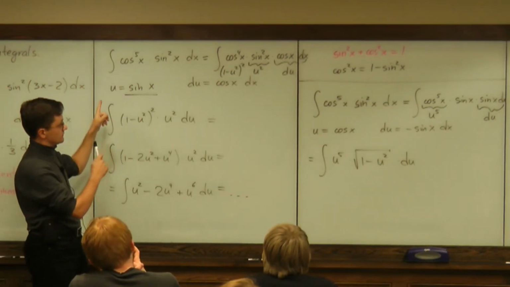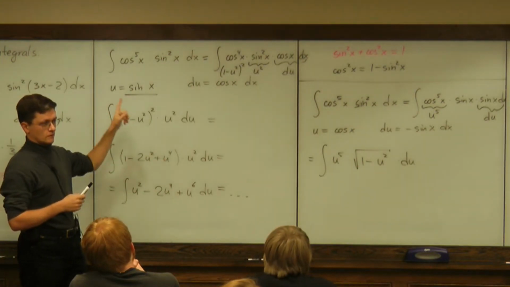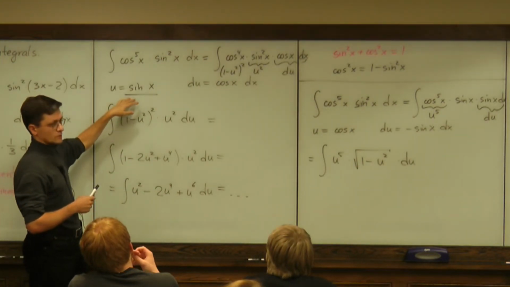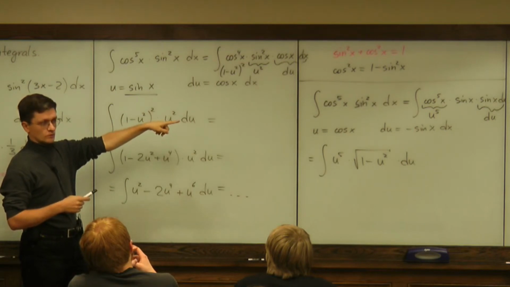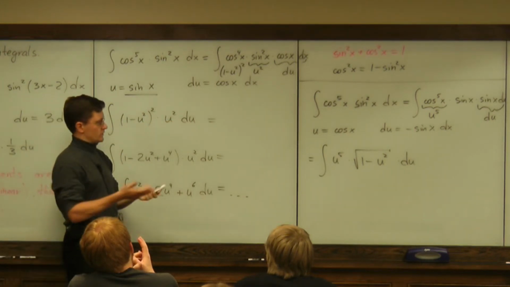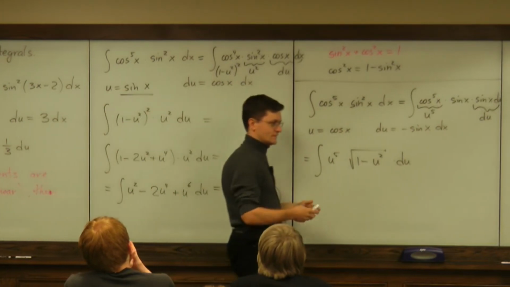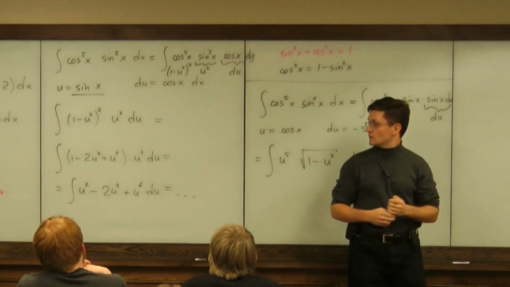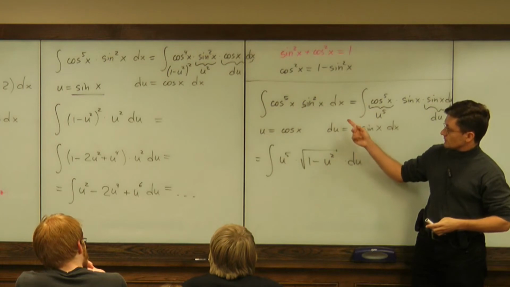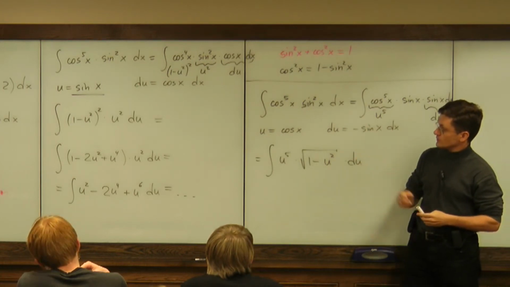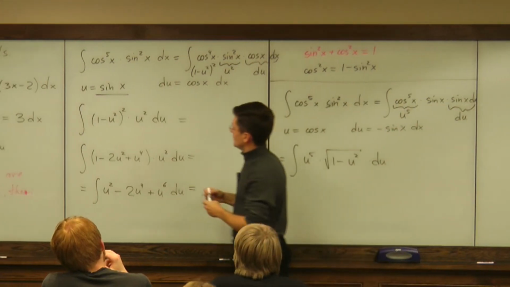So let's analyze what it is exactly that makes this substitution work much better than that one. Well, of course, in practice you can try both, and if you make a wrong guess, you can do the other one. But what was important here?